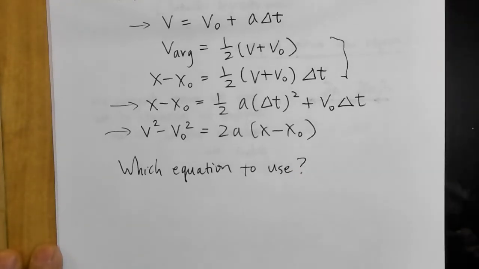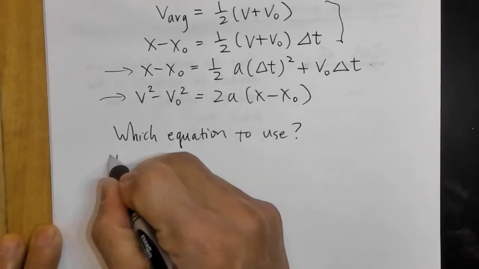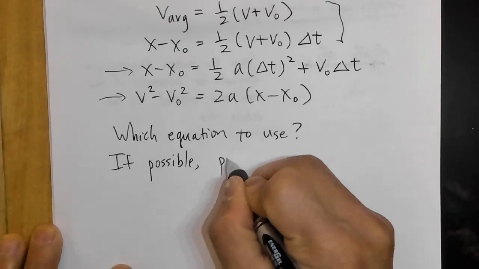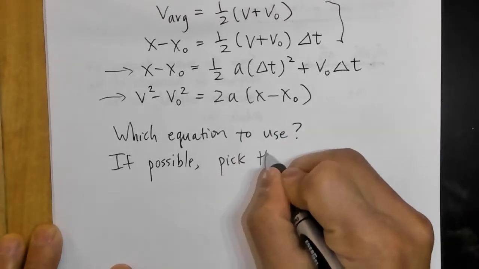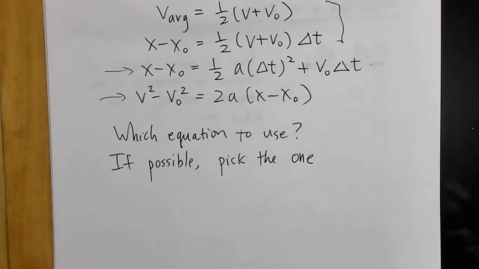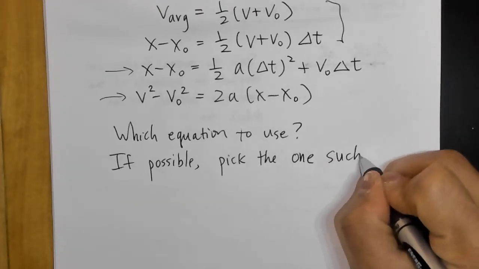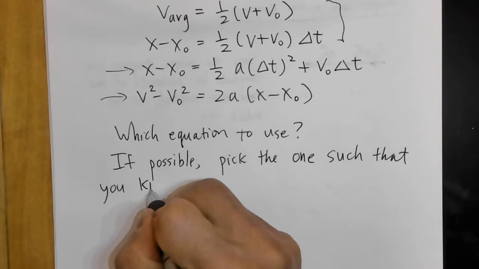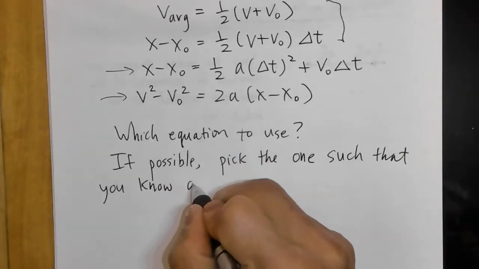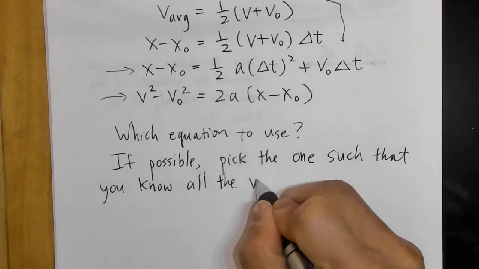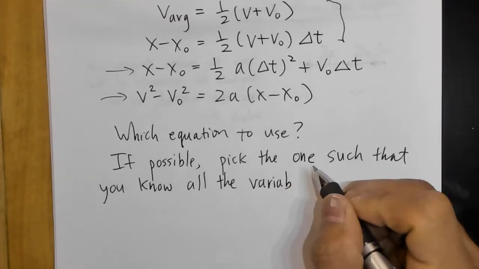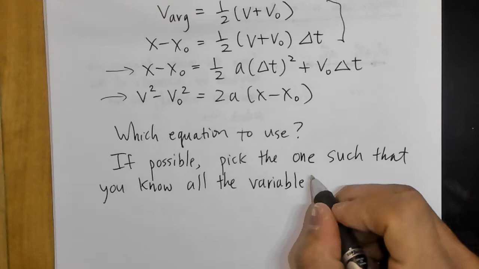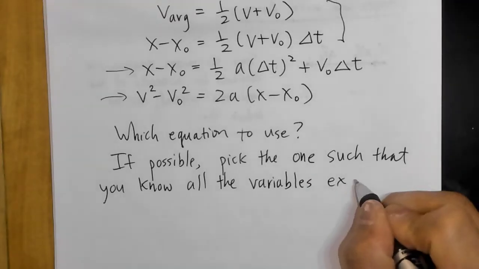And the strategy is, if possible, pick the one, or maybe there's more than one, such that you know all the variables, by variables I mean like v, v0, a, x, x0, delta t, except one.